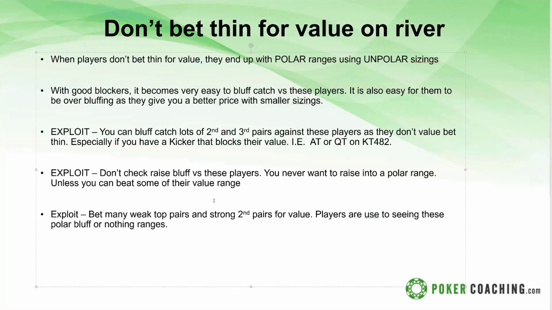And so they end up calling too much with second or third pairs, like I recommend, but you should be doing that less against a player that's capable of making thin value bets. So you should be betting very thin for value yourself, and recognize people that aren't betting thin for value and end up with polar ranges on the river.